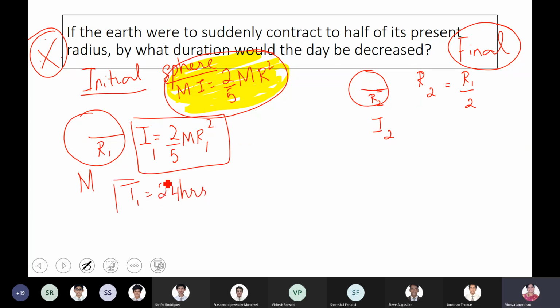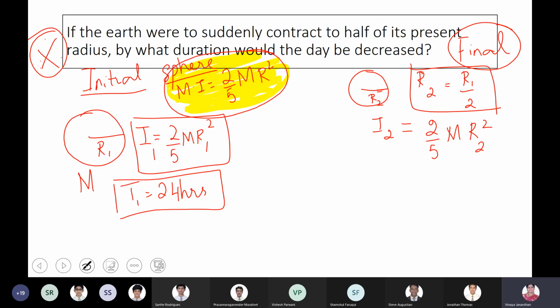Now, next, the earth shrinks, right? Contracts to half of its radius. So your new moment of inertia will be 2 by 5 m, mass remains the same, r2 squared. So its new time period will be T2. Now the question is, by what duration will the day decrease?